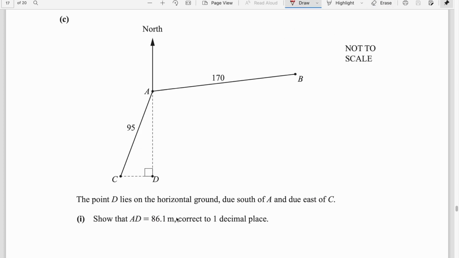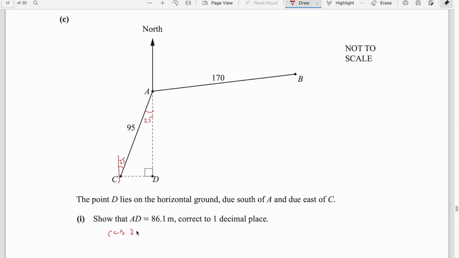The point D lies on a horizontal ground due south of A and due east of C as shown in the diagram. Show that AD is equal to 86.1. So we already know that this is 25, so alternate angle this would be 25 as well. This is 95 and I can use cos to find AD.